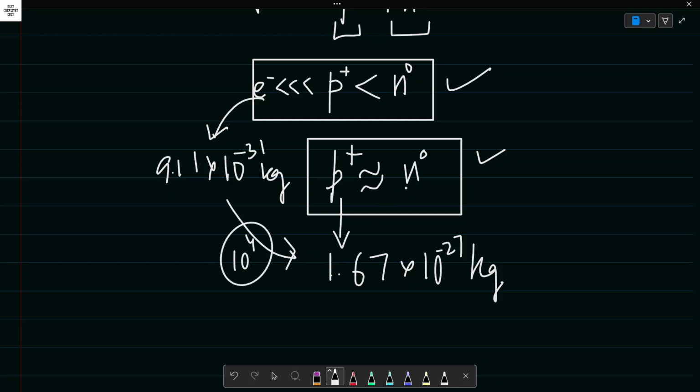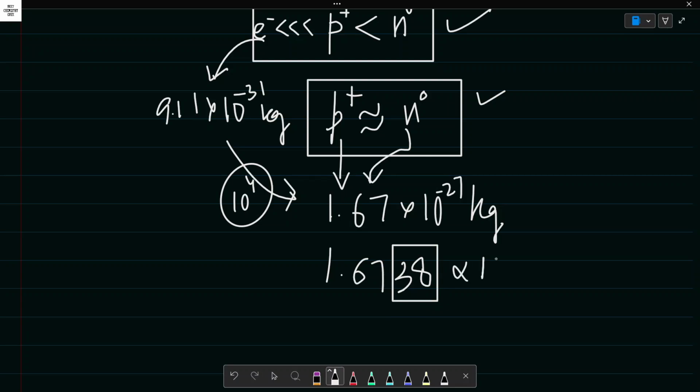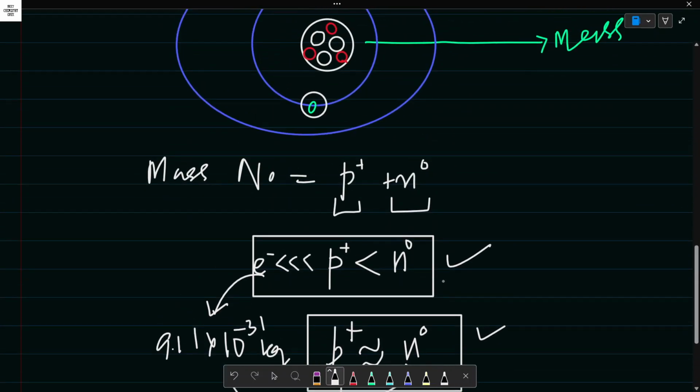The mass of the neutron is also almost the same. There is, however, a slight difference, like 1.6738, something like that. I don't know the exact number over here, you can verify that, into 10 to the power minus 27 kg. So here you got to know about the mass of these fundamental particles.